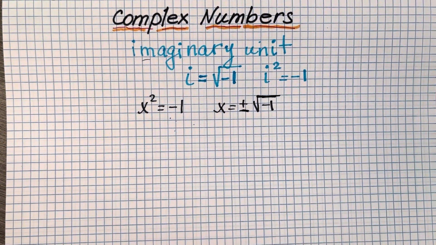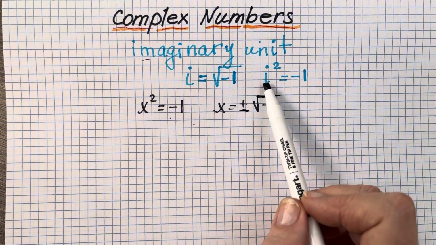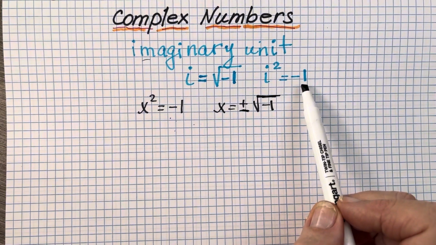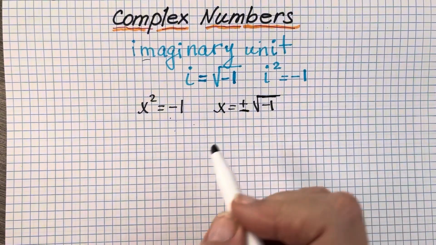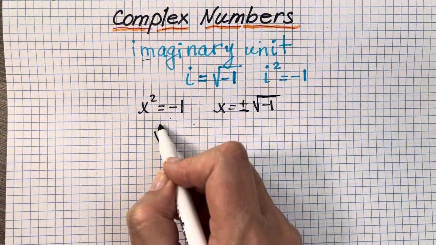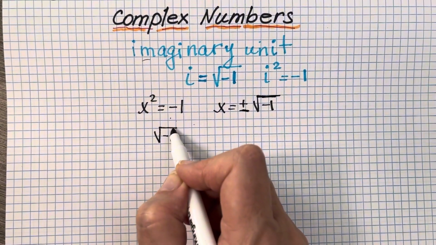Notice that when you square i, i squared gives you -1.